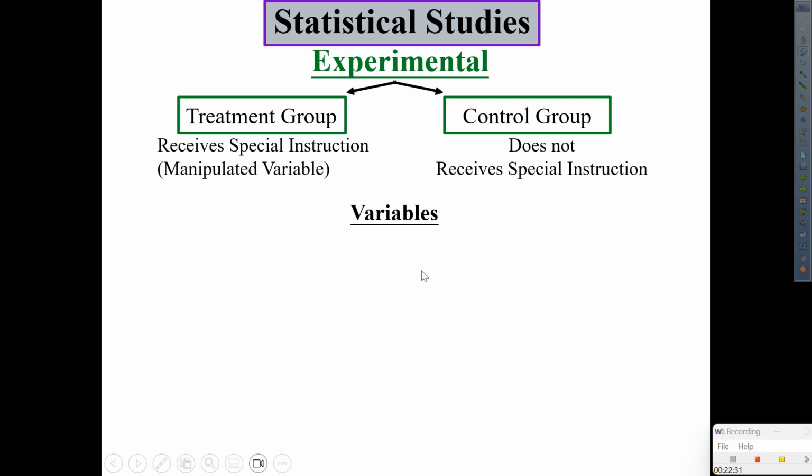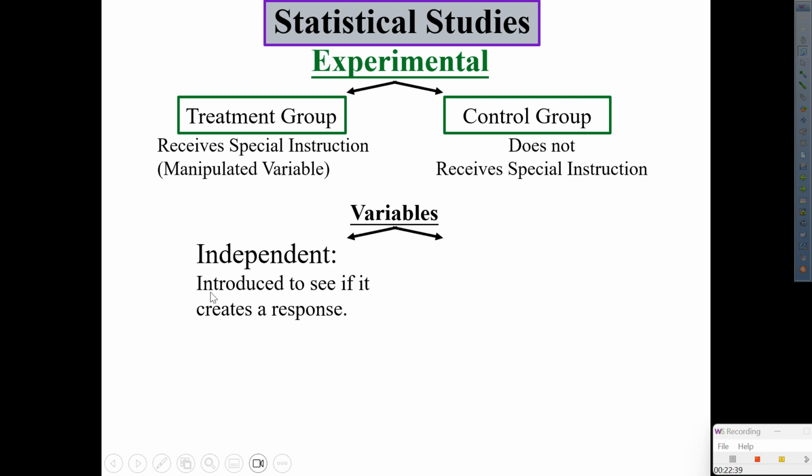So when I do that experiment, I'm going to introduce something called the variable. There's two types. Actually, there's three, but let me show you the most common. When I was sitting over there at the airport, last week that I explained it, I was just observing, right?